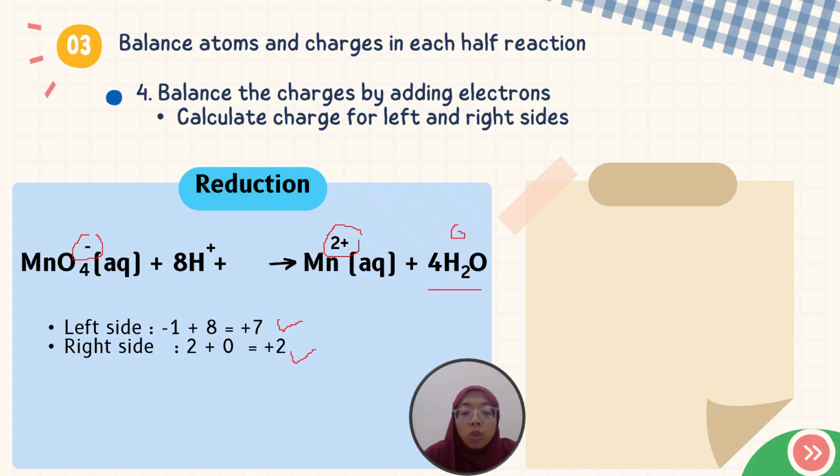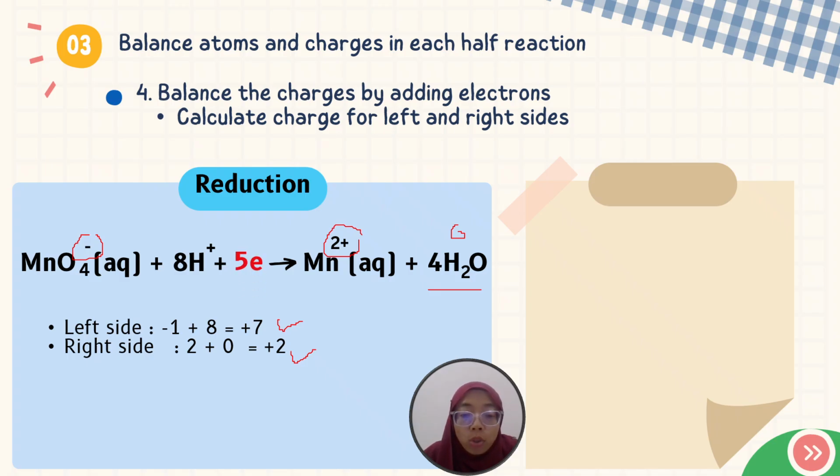Now the left side is plus 7 and the right side is plus 2. So how to balance the charge? We must add electrons. Since the left side is plus 7 and the right side is plus 2, we must add 5 electrons on the left side.